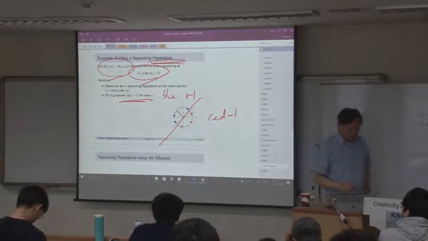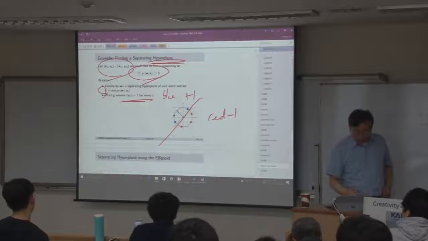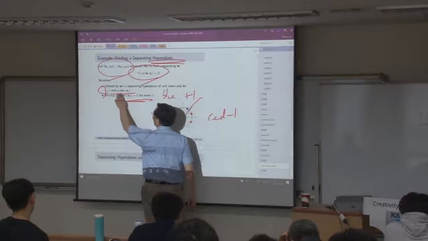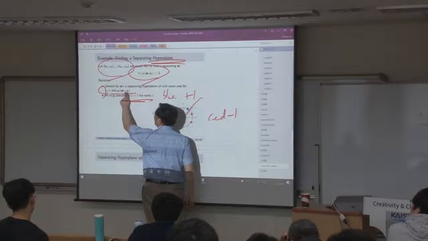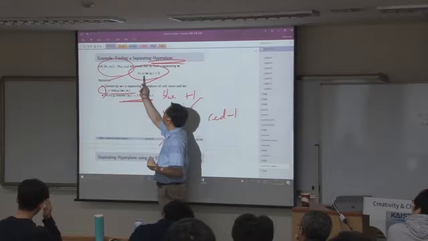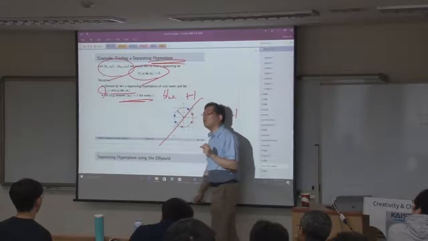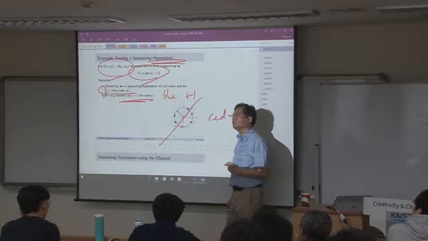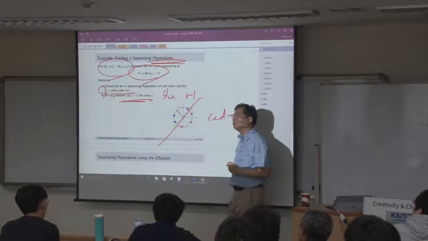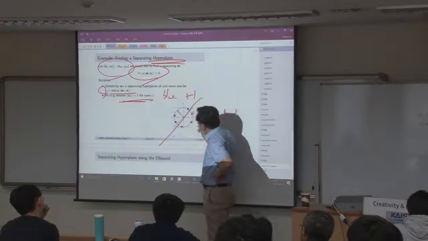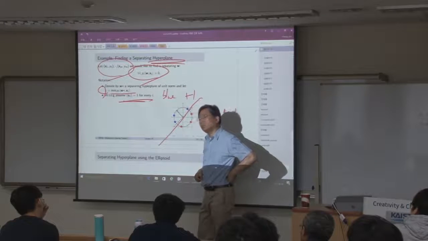I'm also going to define this gamma to be the minimum value of this, the minimum value of the inner dot product with hyperplane and data. Which data would give you the smallest value?